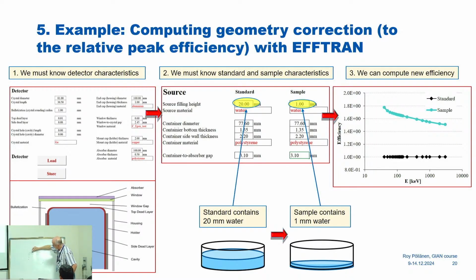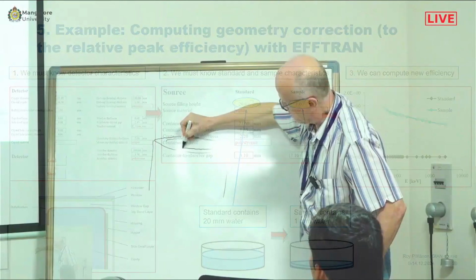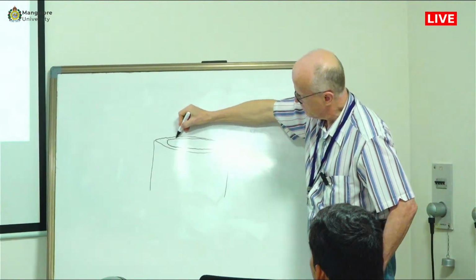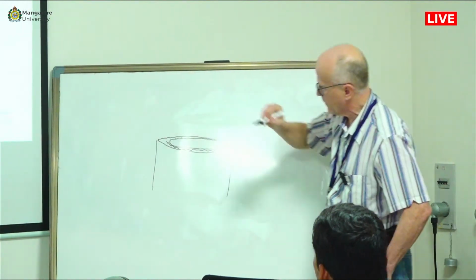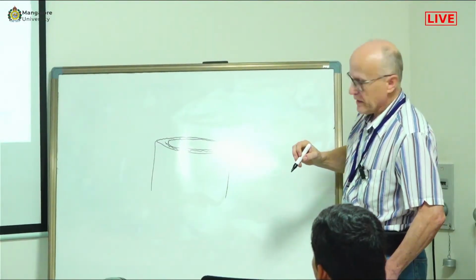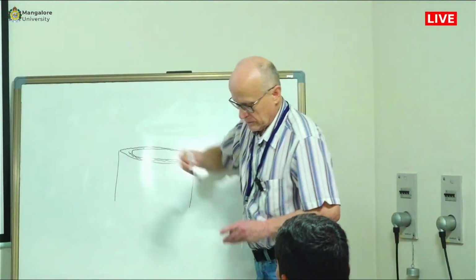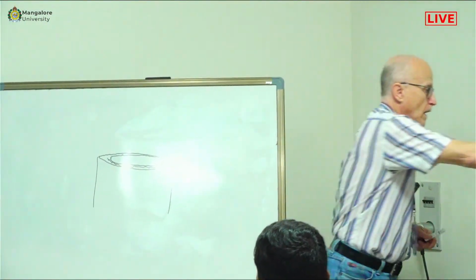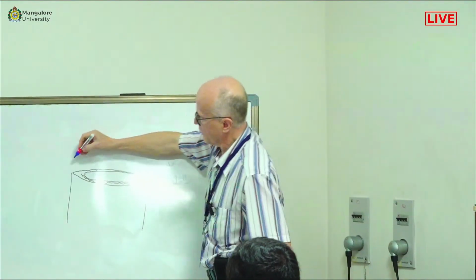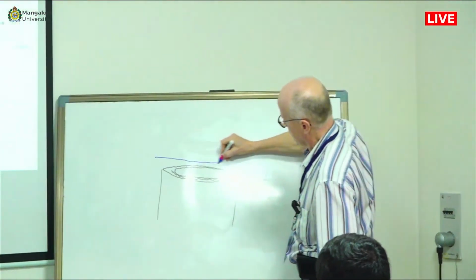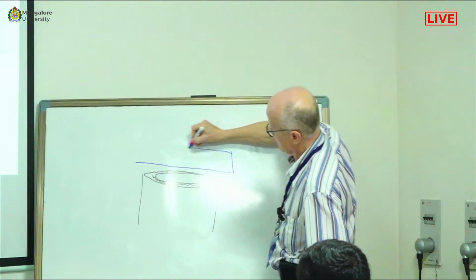There is a small thin metallic ring here. This is some metal, I think it's aluminum. And in some cases, our samples, our beakers, are bigger than the detector. So size like that.